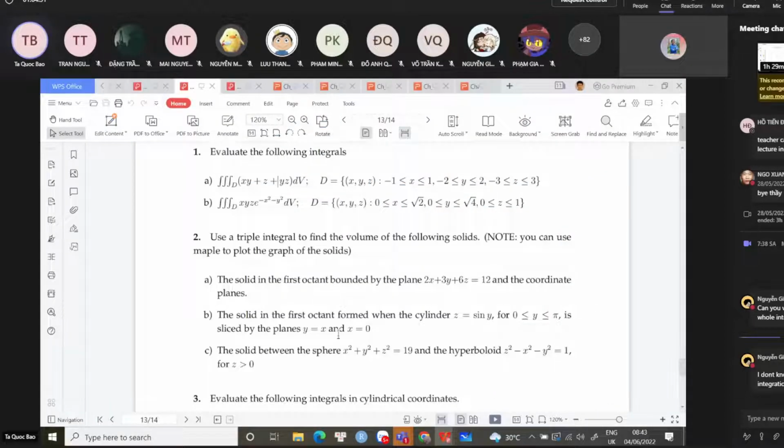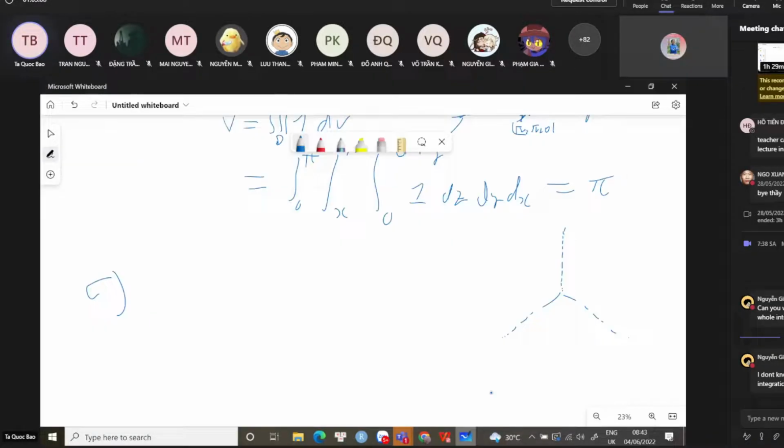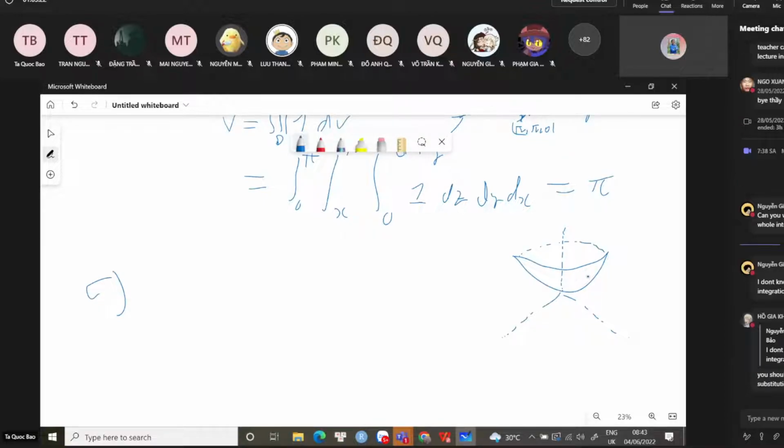Because this is bounded by, in question C here, the solid between this sphere and the hyperboloid. Okay, so therefore it should look like this. So region D is here.